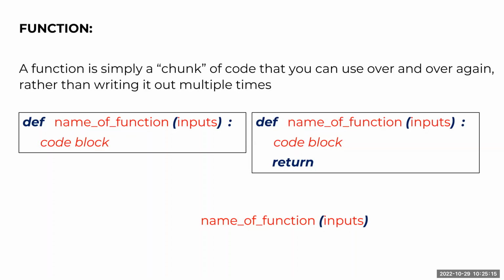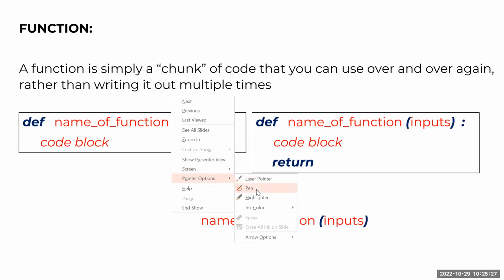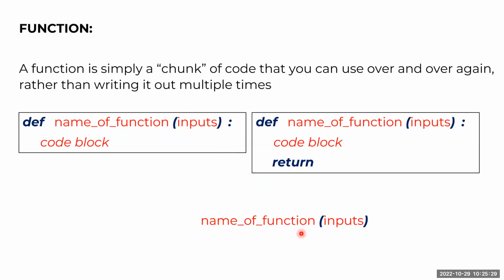You can choose to return something or choose not to return anything. When you want to call a function, you write the name of the function and then the input. So that's all we've done so far, and pretty much these are the building blocks of Python.